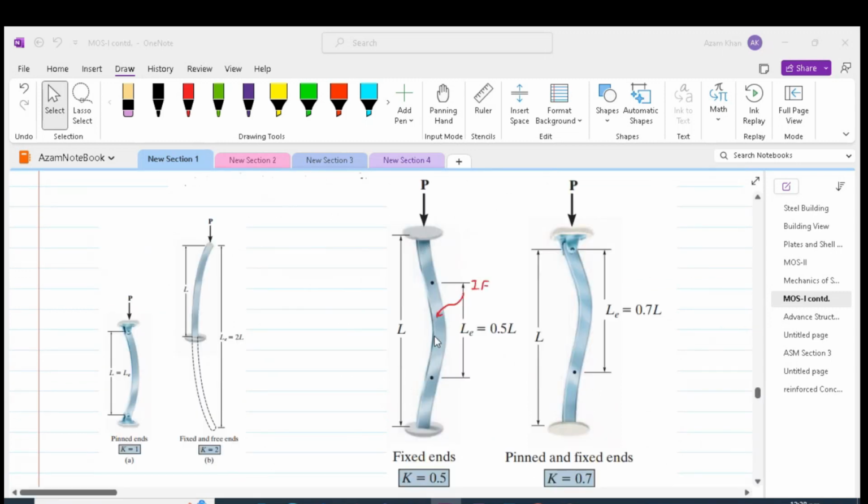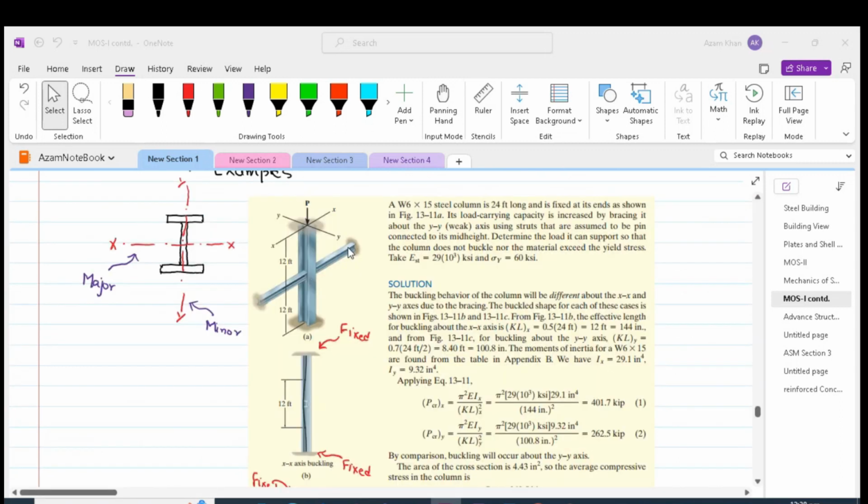As we can see over here, in case of fixed end, there is only the length 0.5 L available to assume half sine wave. So effective length will be equal to 0.5 times 24, which gives us 12 feet, and I max and I min can be obtained from a table.